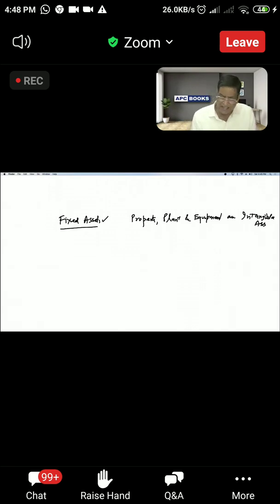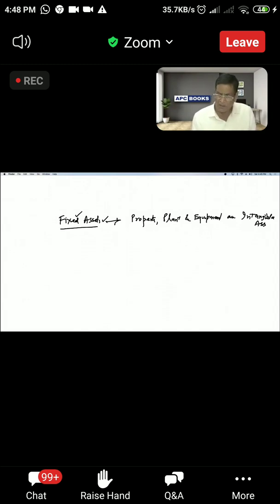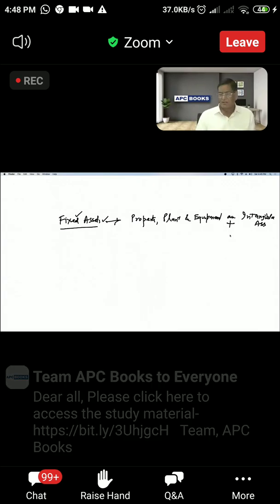So we are calculating the fixed assets turnover ratio. Fixed assets means property, plant, equipment, plus intangible assets. What are intangible assets?